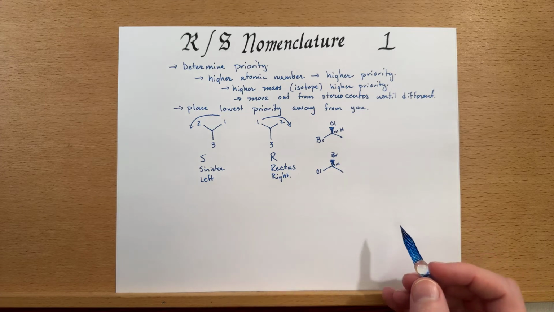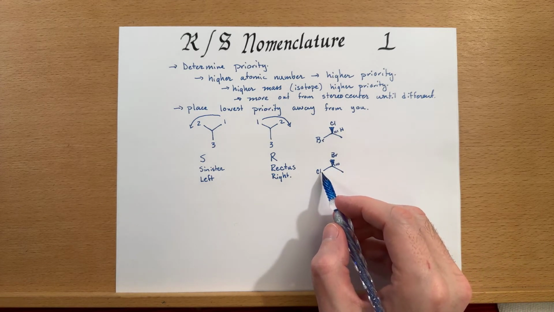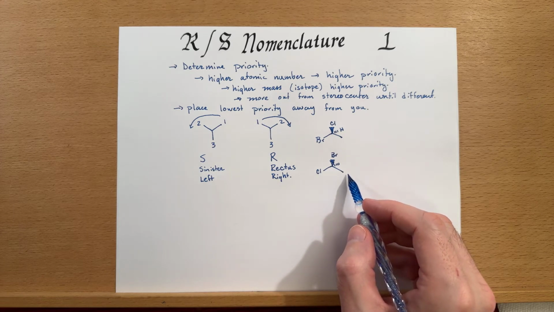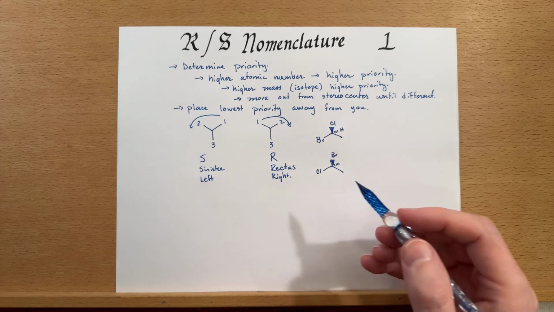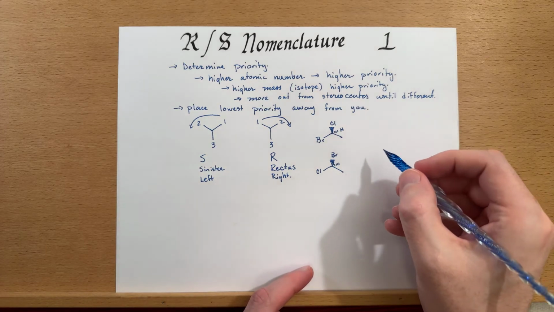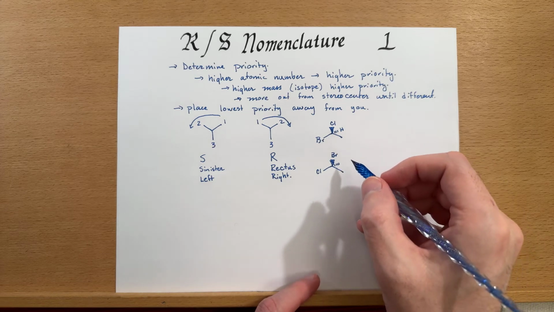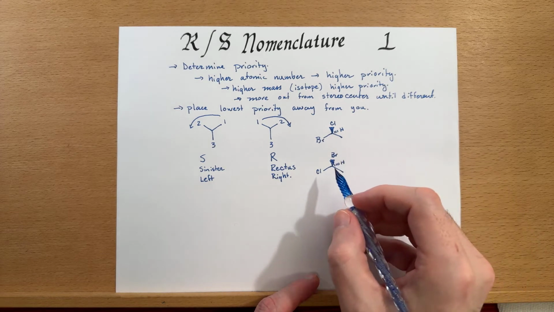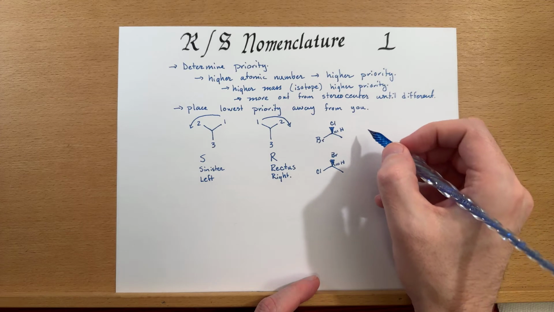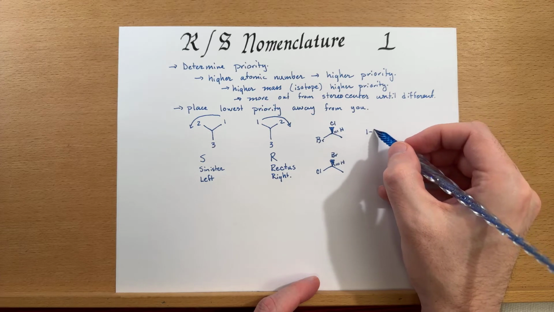In both of these cases, this is 1-bromo-1-chloroethane. However, one of them is the R configuration, one of them is the S. And how we denote that is by putting an R or an S in parentheses in front of the name. So I will just go ahead and write out most of the name.